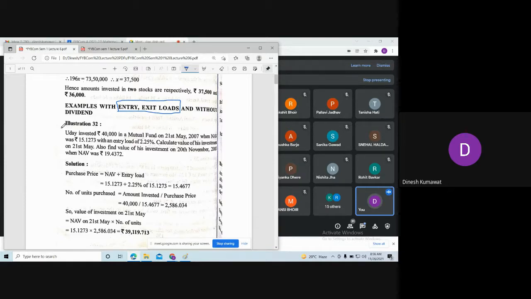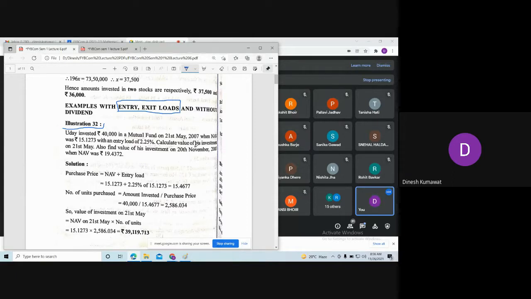So let us begin with illustration number 32. Uday invested rupees 40,000 in a mutual fund on 21st May 2007 when net asset value was rupees 15.1273 with an entry load of 2.25%.